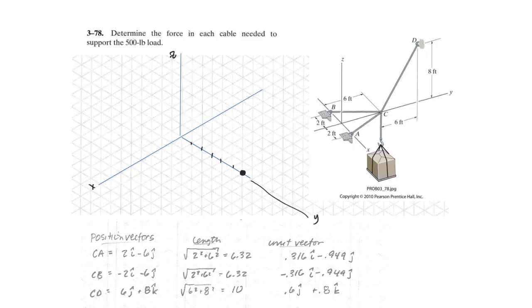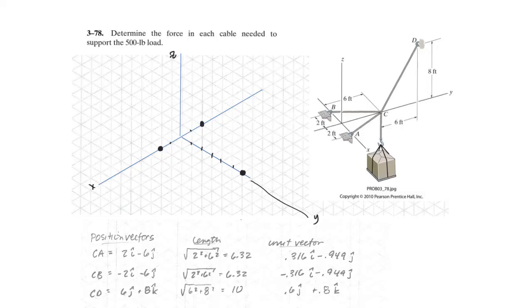Let's define the other points along the way. Let's find point A. Point A is 2 in the positive i direction, and it is on this plane. So it is right along the x-axis. So that'll be 1, 2 right there. And point B is -2 on the x-axis right there.